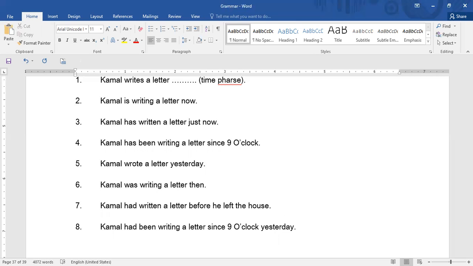Yesterday. We add yesterday also because it shows the past time. Kamal had been writing a letter since 9 o'clock yesterday. But here it's more suitable, we can use from 9 o'clock to 10 o'clock.